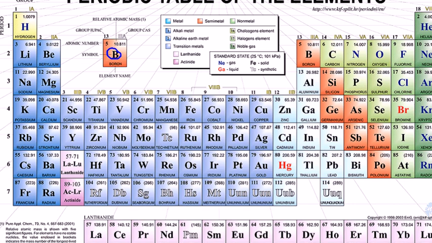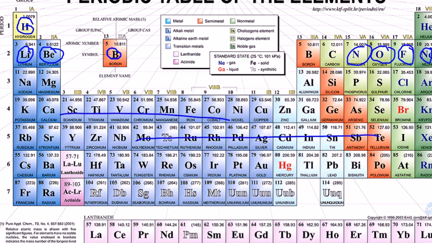So hydrogen up here has an H, lithium an L, capital L, lowercase i, beryllium, capital B, lowercase e. Fluorine is just a capital F. Oxygen, capital O, nitrogen, capital N, neon, capital N, lowercase e, and so on and so forth. You can see all the elements.